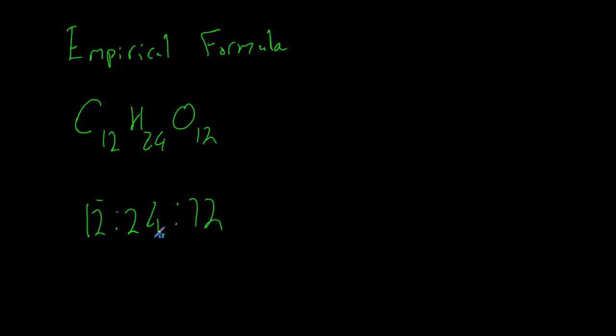Now 12 goes into all 3 of these numbers, so we just divide by 12. 12 divided by 12 is 1. 24 divided by 12 is 2. And 12 divided by 12 is 1. So for every 1 carbon, we have 1 oxygen and 2 hydrogens. And so we can write that like this: C, H2, and O. Because we have 1 carbon, 2 hydrogens, 1 oxygen. That is the simplest ratio. It doesn't tell us which substance we have, but it does tell us the simplest ratio of carbon, hydrogen and oxygen, in this case anyway.